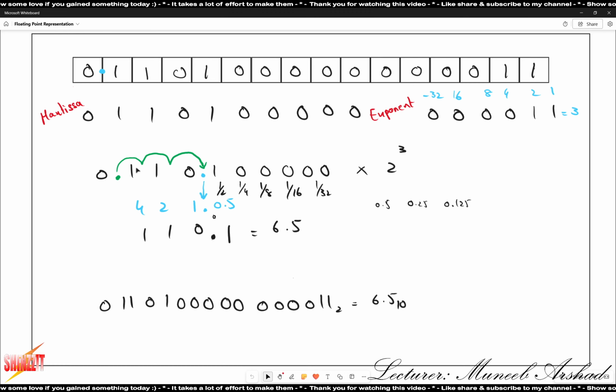So you are going to shift your binary point over here. And then you are to consider the ones. Okay, you are going to ignore all the zeros. All the zeros are going to be ignored on the left hand side or the right hand side because they are insignificant. They don't hold any value. And you are going to put this against a number gadget.